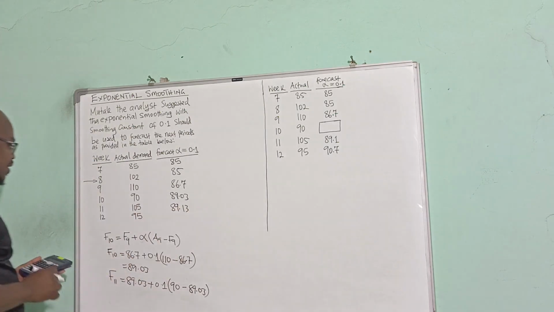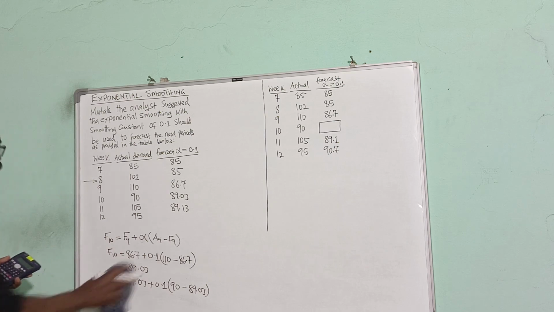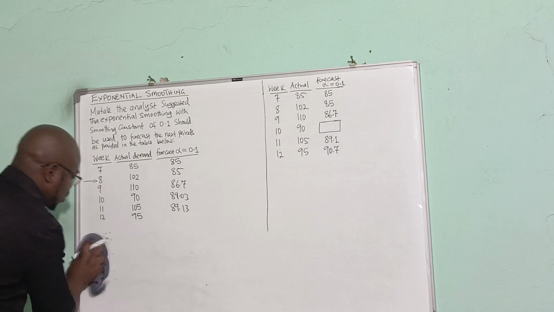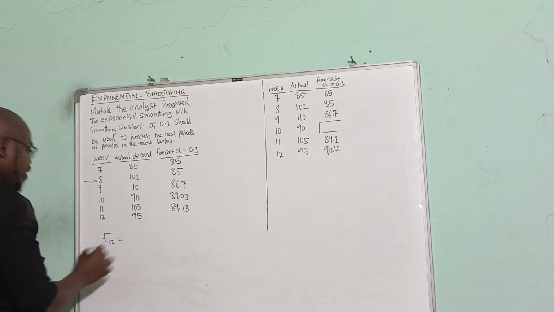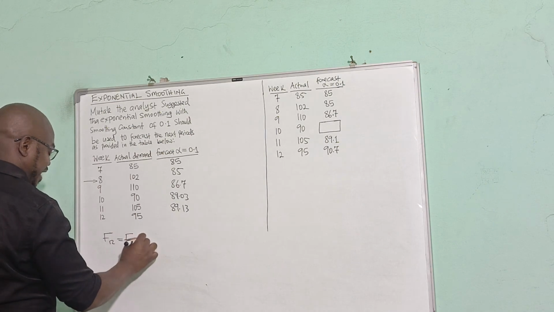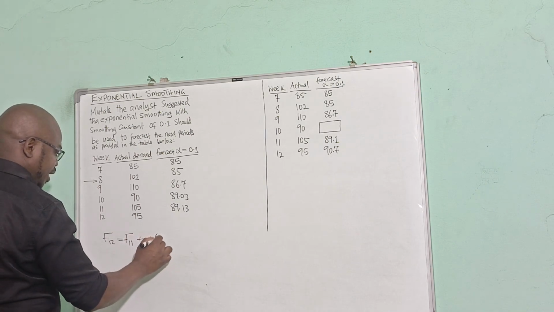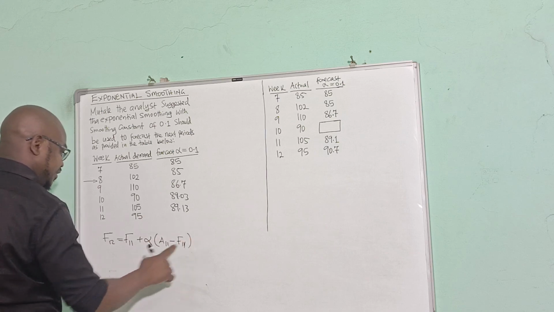89.13, something like that. And then now I'm forecasting period 12. Forecast for period 12 will be forecast for period 11 plus constant factor, actual for period 11 minus forecast for period 11, something like that.